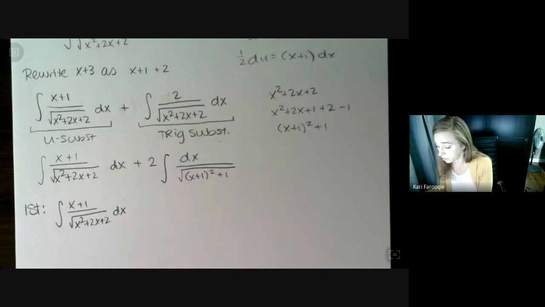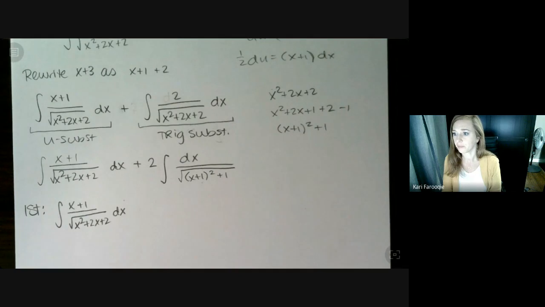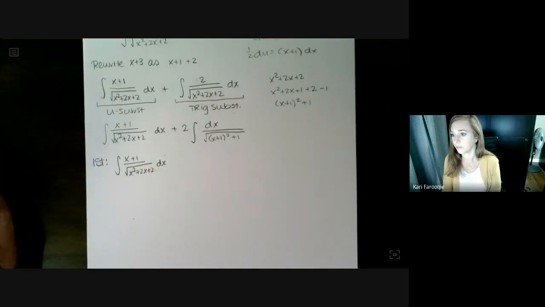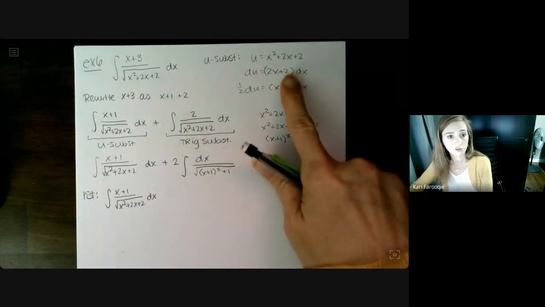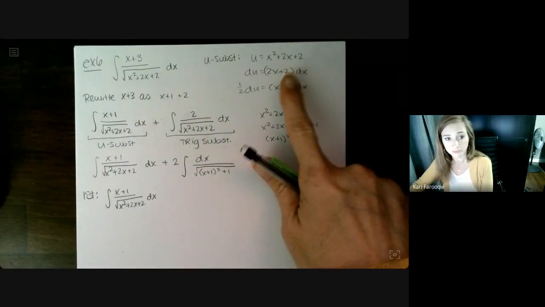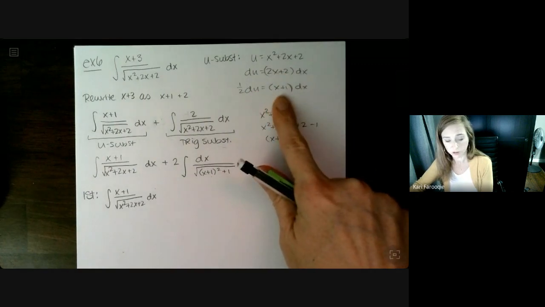All right, so this is your u substitution. You actually already did the work for this. Zoom you out a little bit. So the work for your u substitution is up here. I know that 1/2 du is x plus 1 dx.